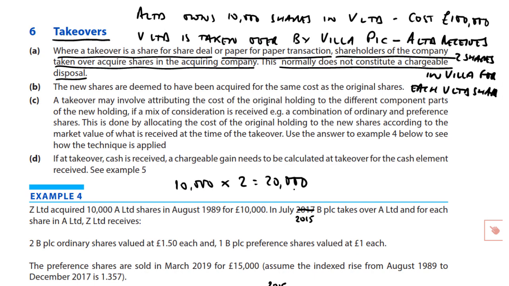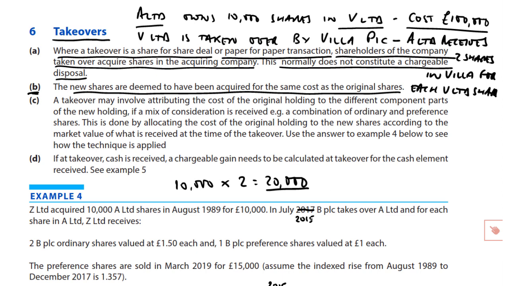Now at this point, the market value of those shares is not an issue because there is no gain that crystallises, because A Limited has not received any cash, it's just received other bits of paper. It's received 20,000 shares. And for those 20,000 shares, this rule applies: the new shares are deemed to have been acquired for the same cost as the original shares. The original shares, A Limited owned shares in V Limited, they cost £100,000.